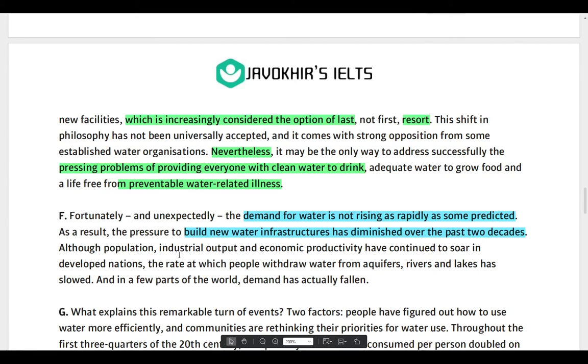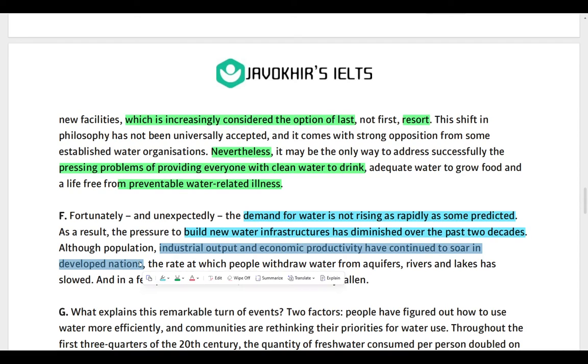Although population, industrial output, and economic productivity have continued to soar in developed nations, so they continue to rise quickly in urbanized areas. Soar means to rise quickly.